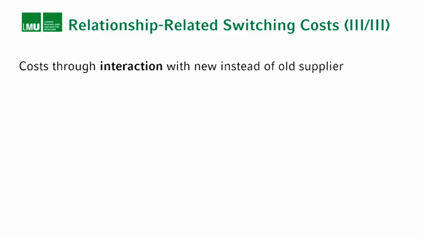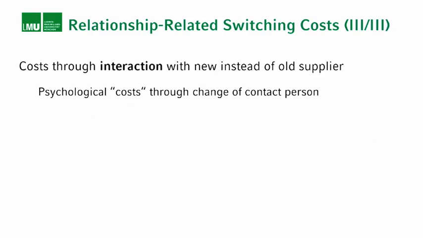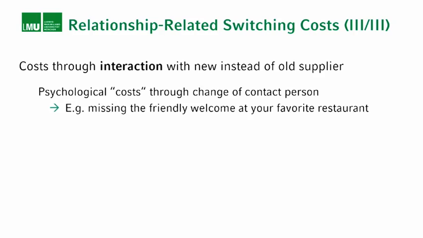Now, another type of relationship-specific switching costs would be the psychological costs, because you basically change the contact person. Right? So we all have favorite restaurants. We all have favorite stores that we buy from. And this is not necessarily just because of the products or the goods or the services we get, but it's also related to the friendly welcome at your favorite restaurant, right?